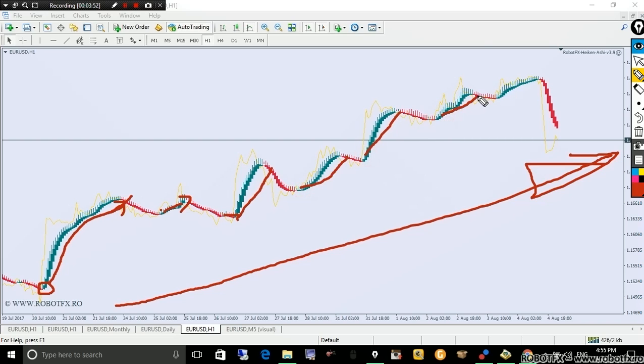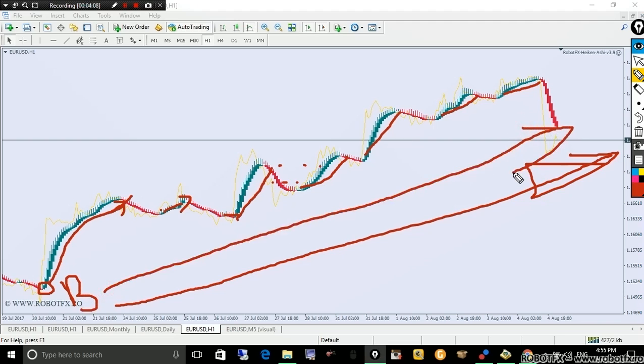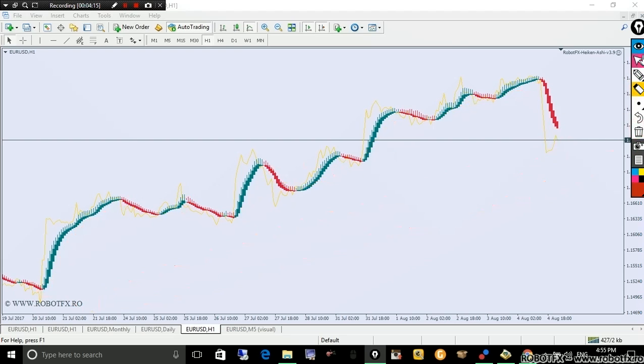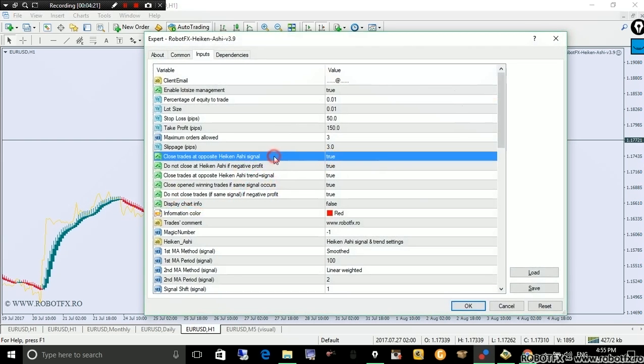And so we have a multitude of winning trades, which also overlap sometimes, as you can see, one over the other, making the profit higher than just entering one trade here and staying with the trend until whenever. So this is what this option does. Close trade at opposite Heiken Ashi signal.